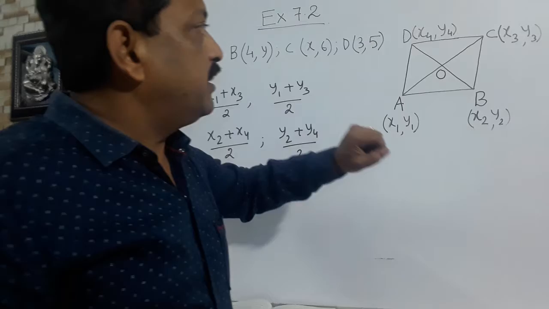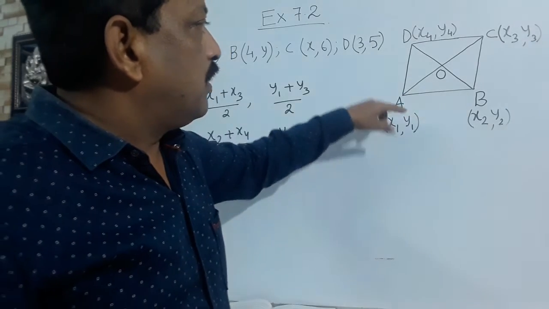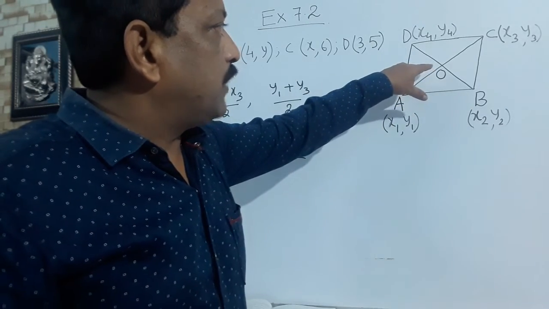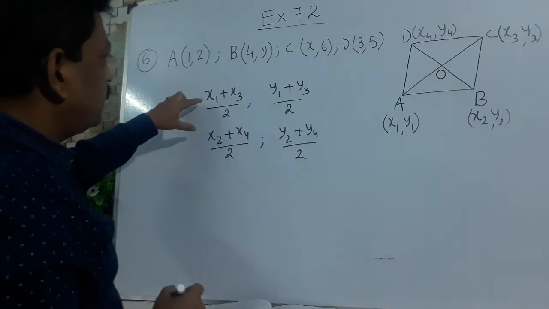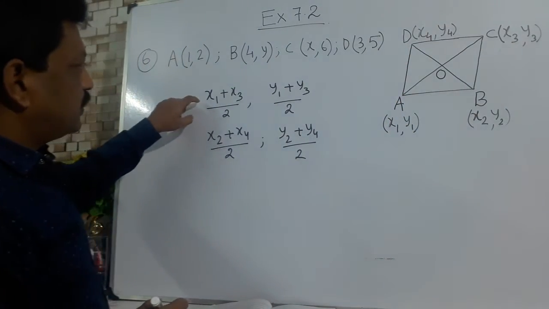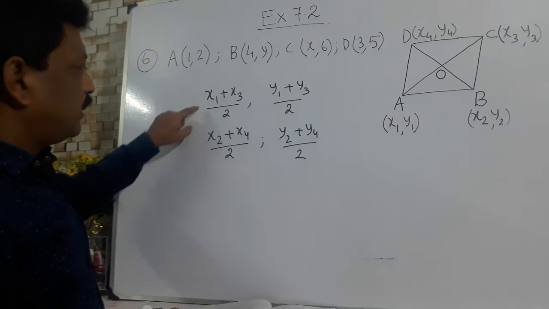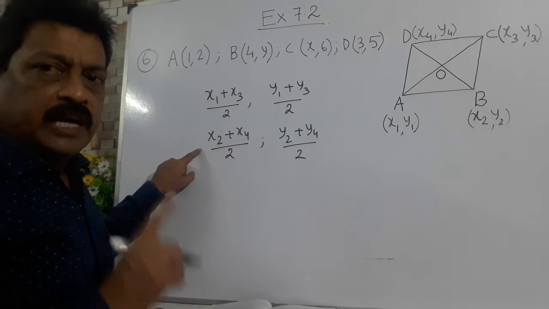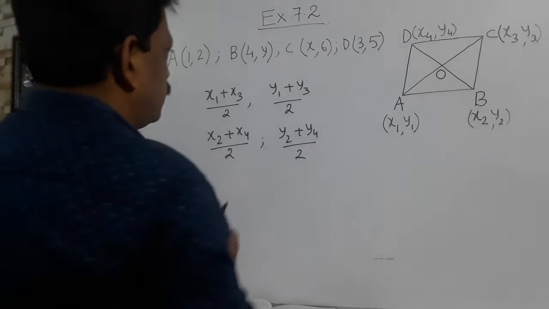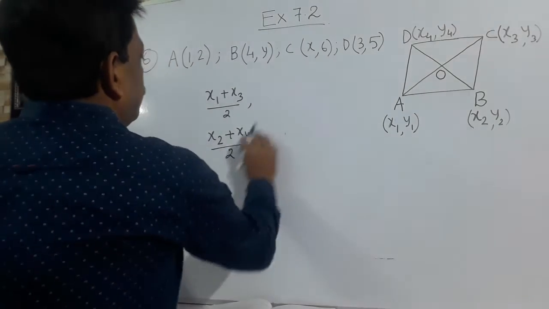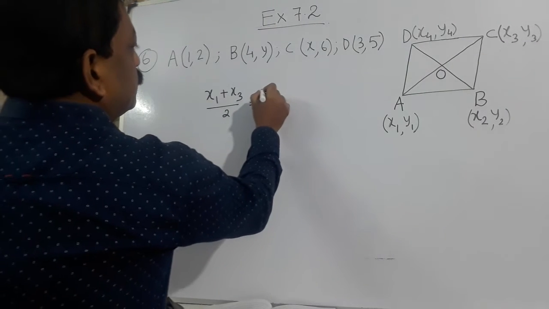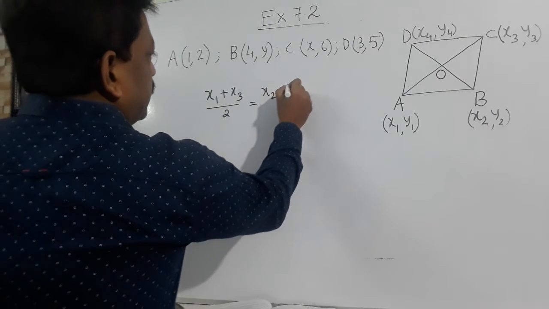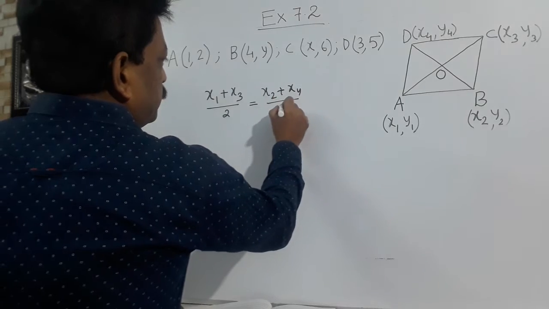Now it is given in the question that O is the midpoint of AC as well as BD. So I can equate these two, because this is the x coordinate of O, this is also the x coordinate of O, and they are equal. So I can write (x1 plus x3) by 2 equals (x2 plus x4) by 2.